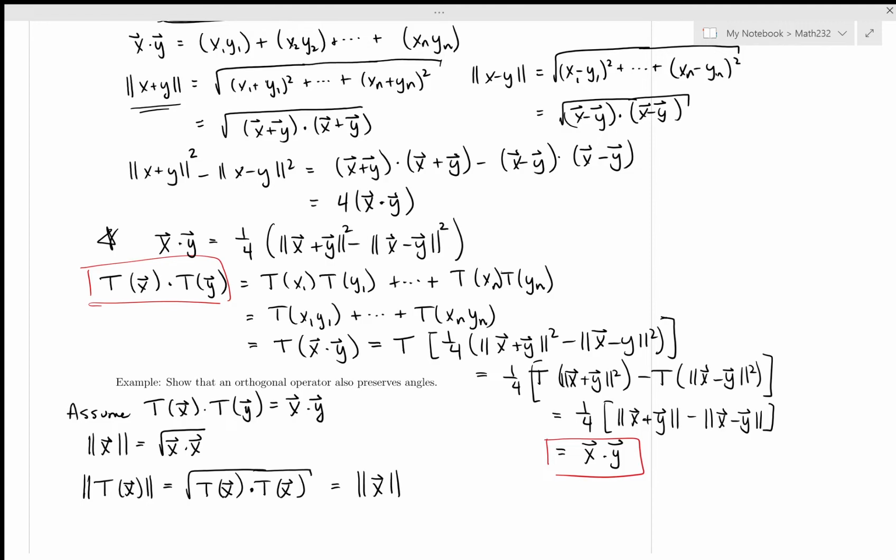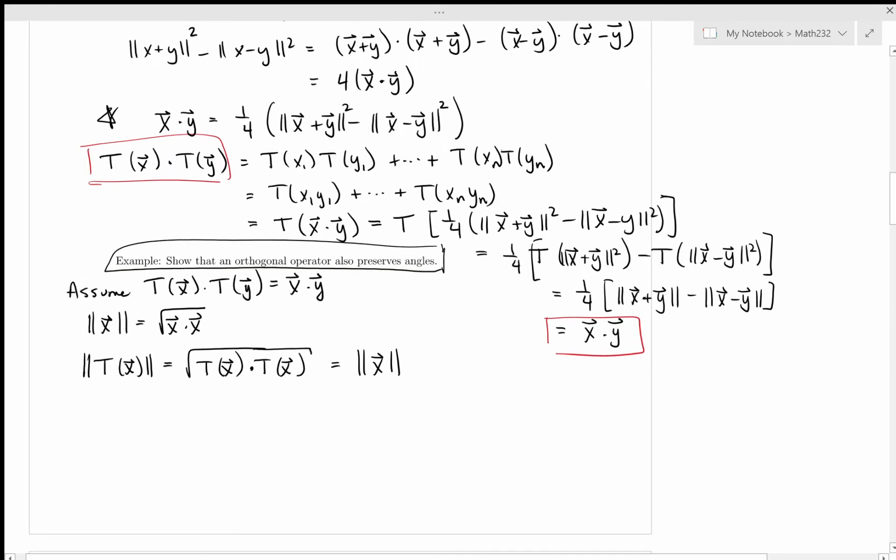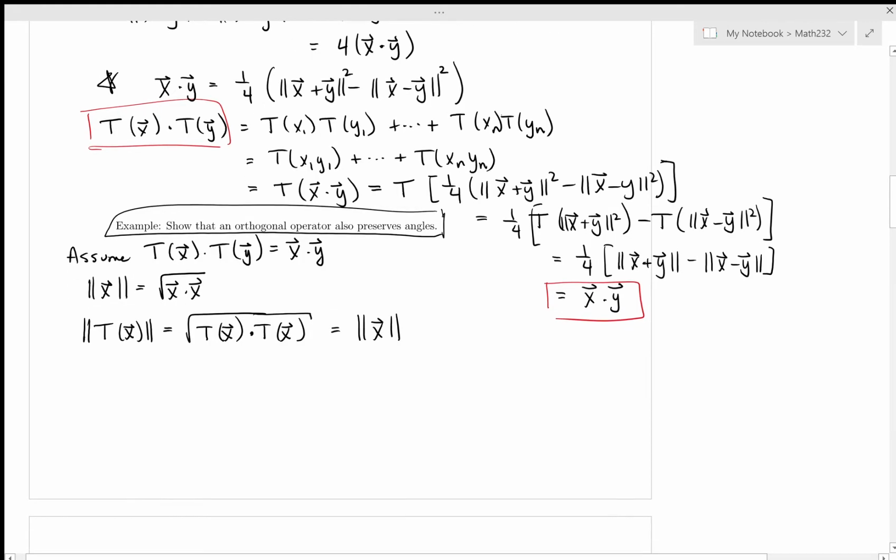Okay, now we're going to use that to show this example here. We want to show that an orthogonal operator preserves angles. What we're saying is we have two vectors, let's call them x and y, and we perform an orthogonal operator on them.